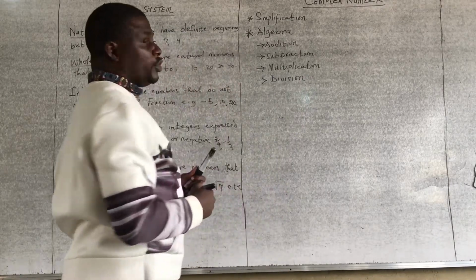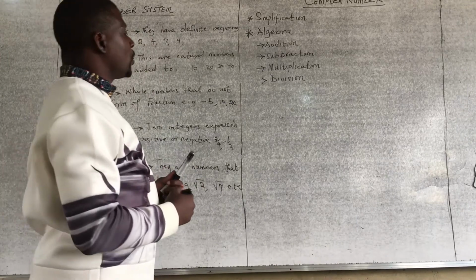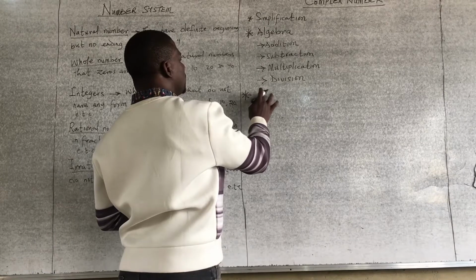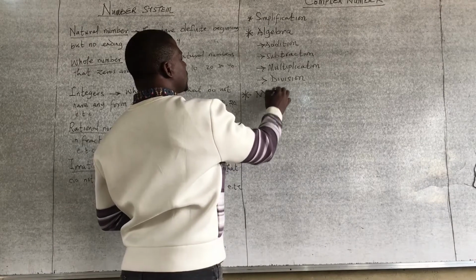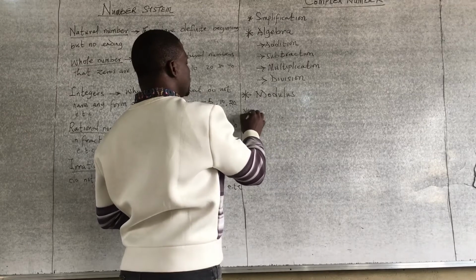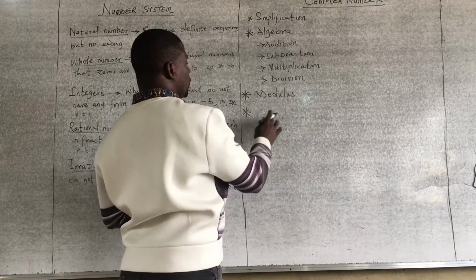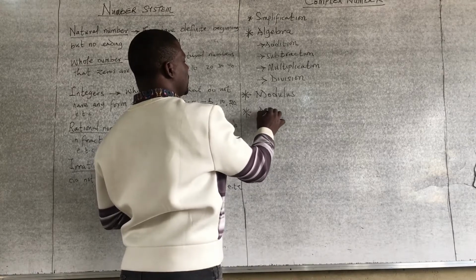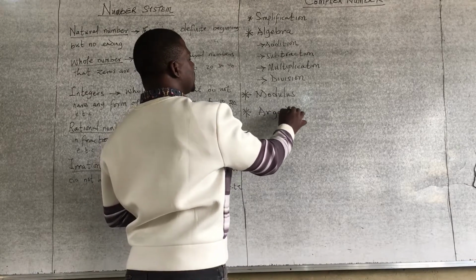Then after the algebra, we are also going to be considering the modulus of complex number. Then after that, we are going to be looking at the Argand diagram.